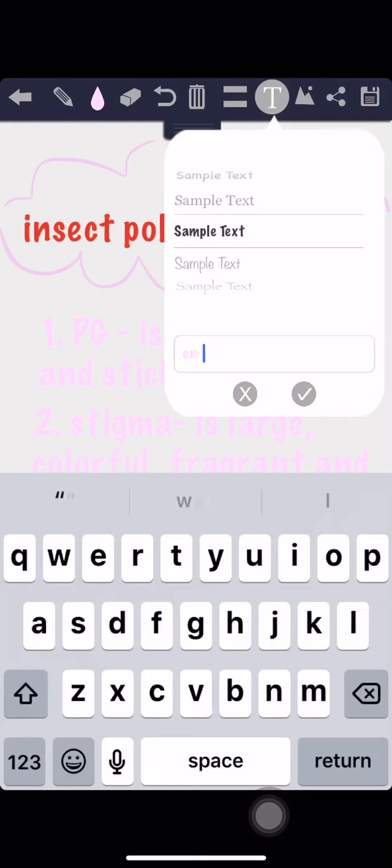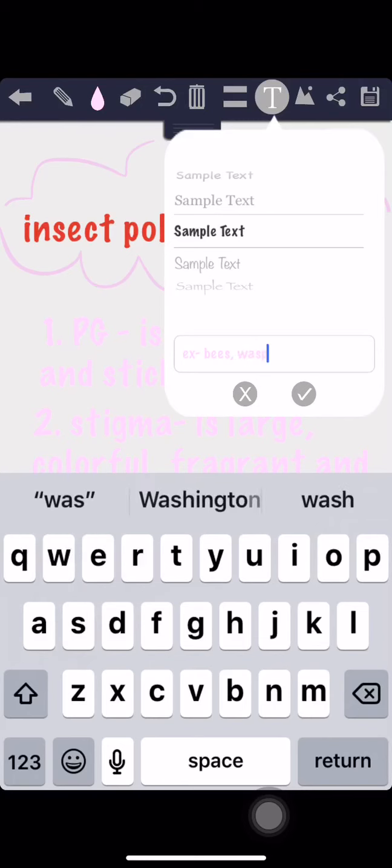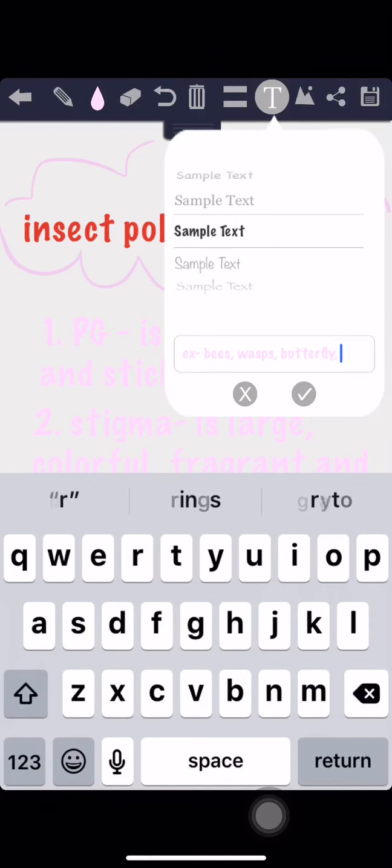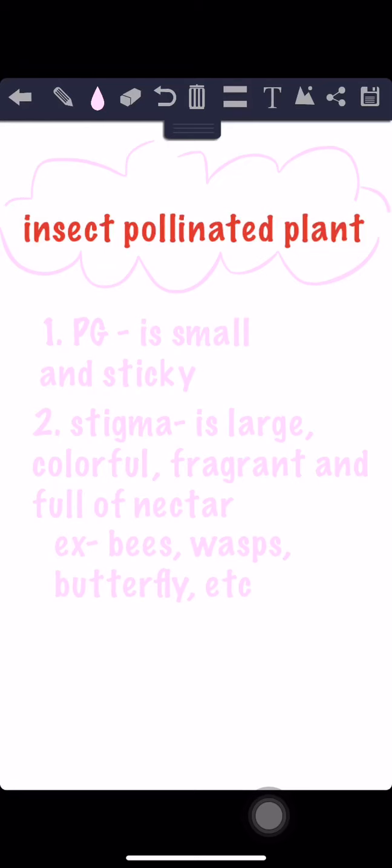For example, what are the insects? You can know bees. Bees are a very good example of such kind of insects, which are usually wasps, butterflies, etc. These are some kinds of insects which help in pollination.